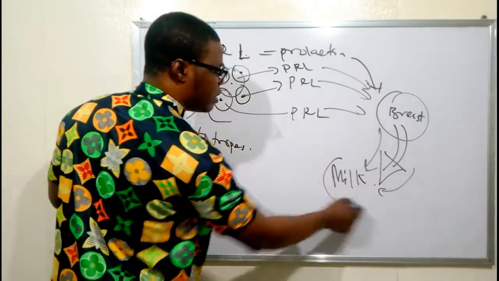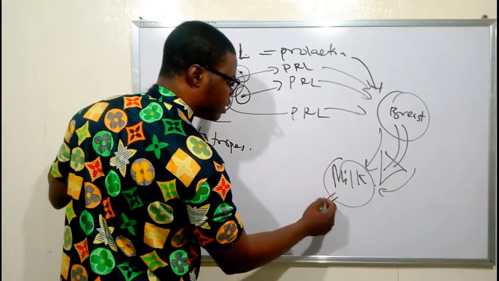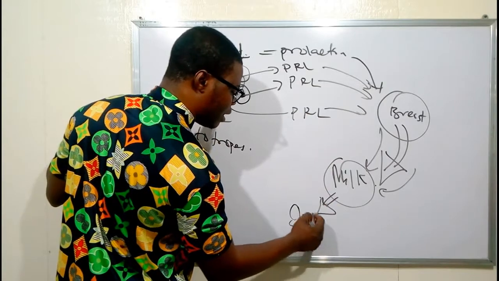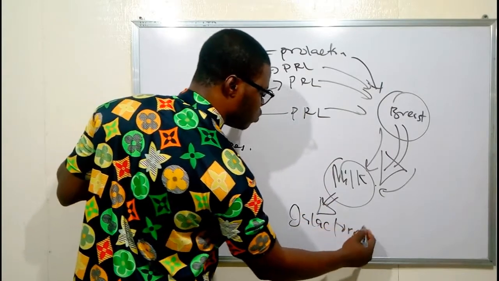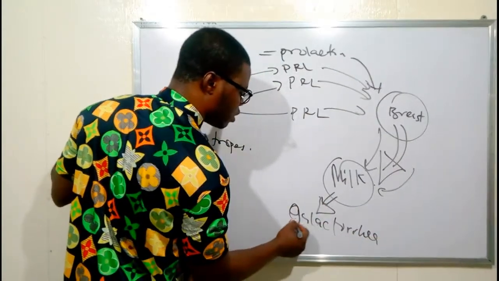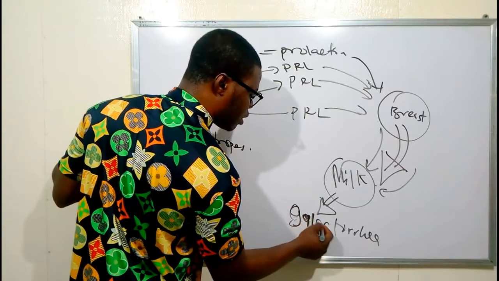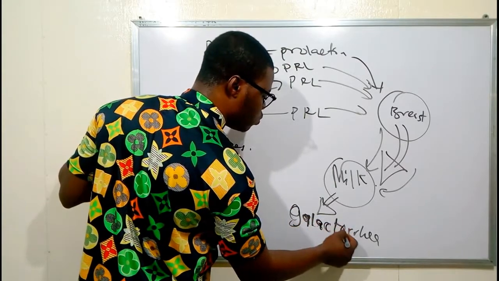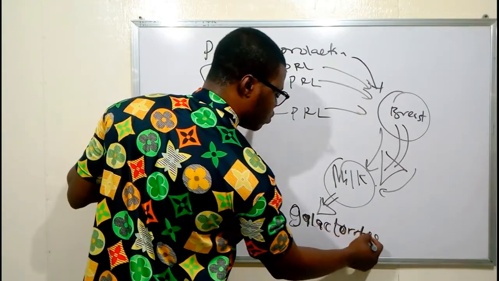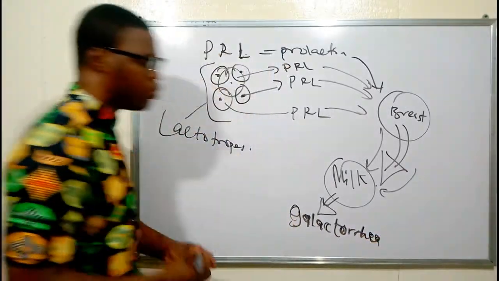And this condition, increased amount of milk, is called galactorrhea. So, this galactorrhea will lead to what?